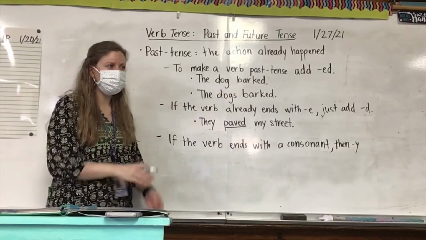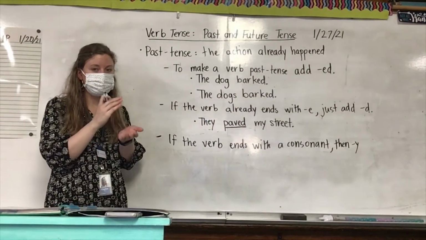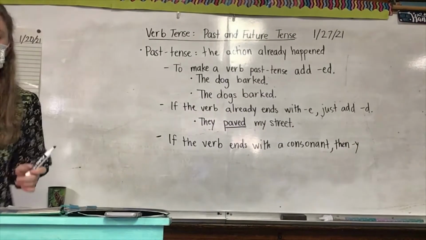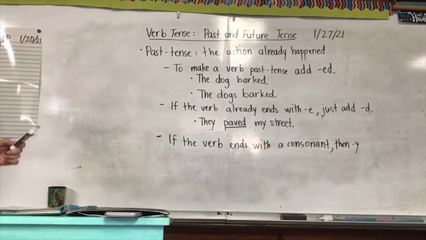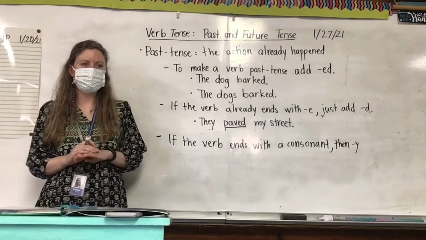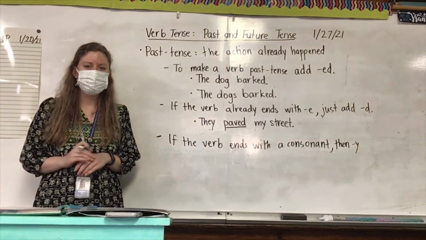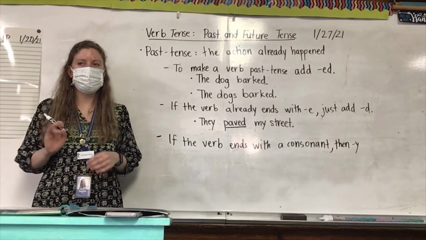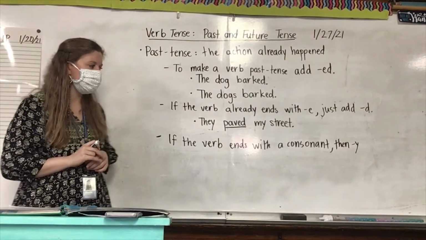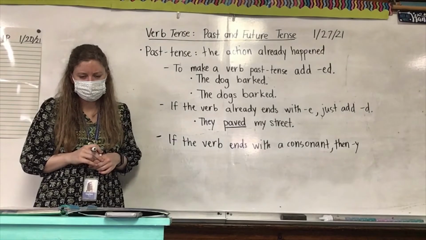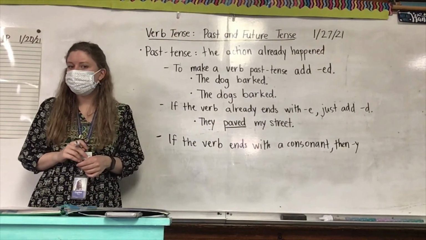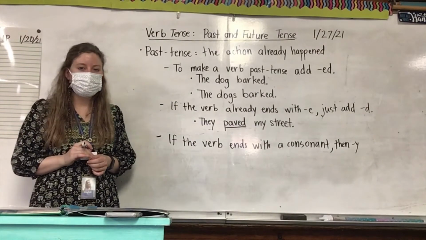If the verb ends with consonant, that means a letter that's not a vowel, then Y, what do you think is going to happen? Based on what you know about words ending with consonant Y, what do you think happens when we're trying to make a verb past tense that ends with consonant Y? What do you think might happen?